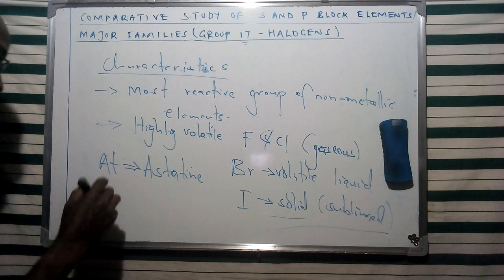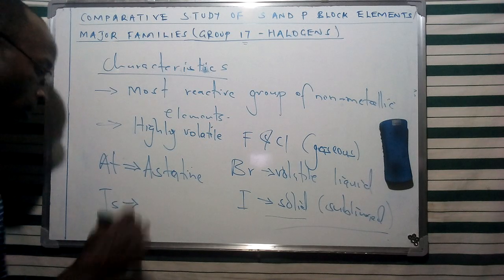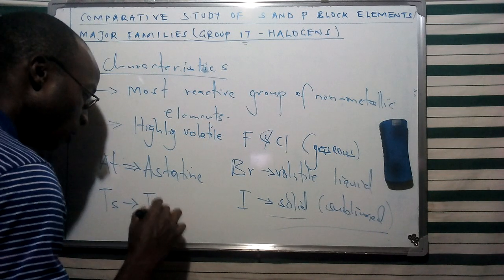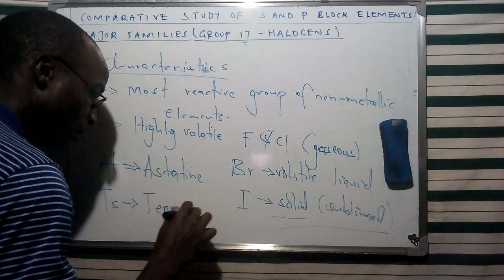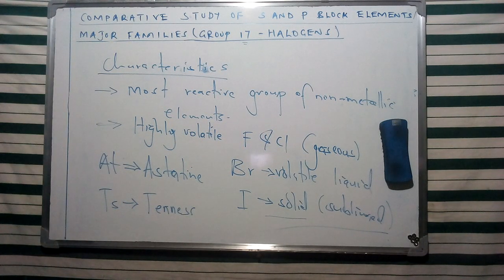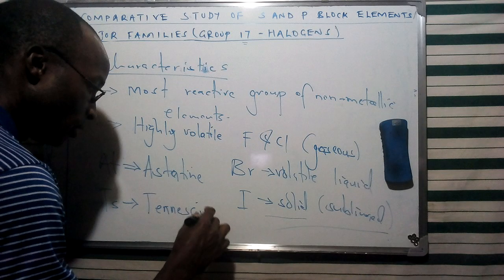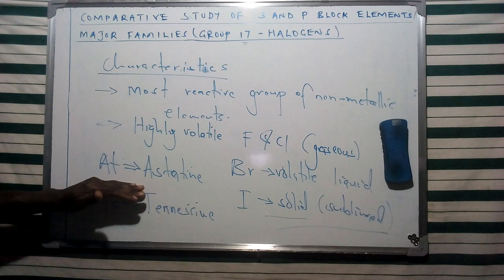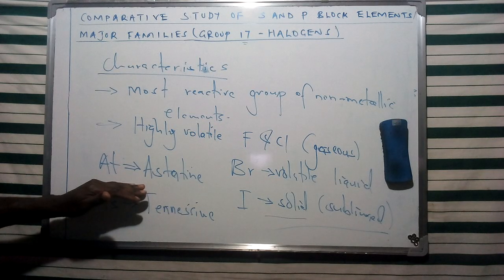Next we are going to talk about the member referred to as tennessine, and of course it's going to be at the lowest part of this range of elements that we refer to as halogens. In this specific case, it's going to be more elaborate for us when I use an illustration of the periodic table.